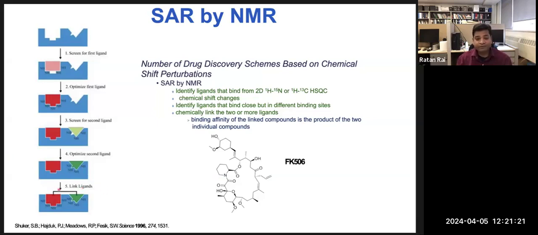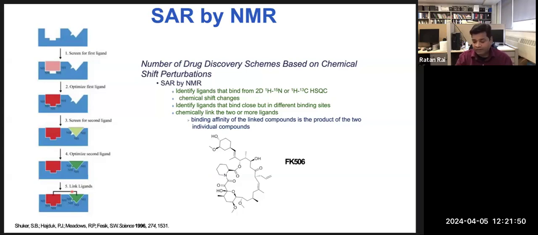So what will happen? You will find a molecule which has a higher binding affinity compared to these two places. And once you find your scaffold, you can build from there. That's the starting point: even a small molecule with low binding affinity, with the help of NMR, you can find a first scaffold and build on it. And from there, you can find your lead compound.